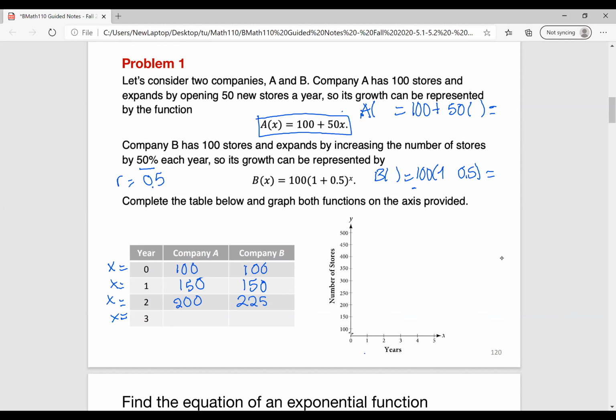Okay, so for 3 years, you have 100 plus 50 times 3, which is going to be 250. Right?